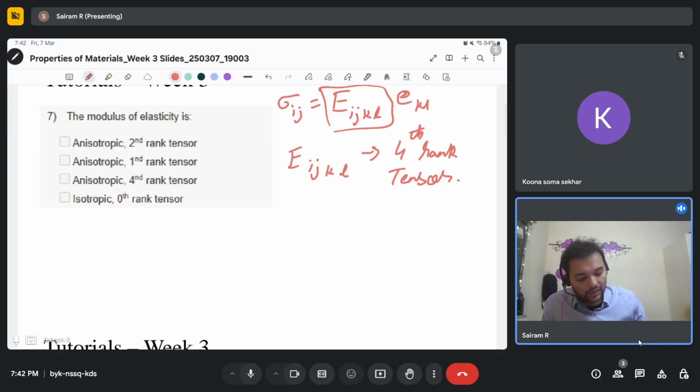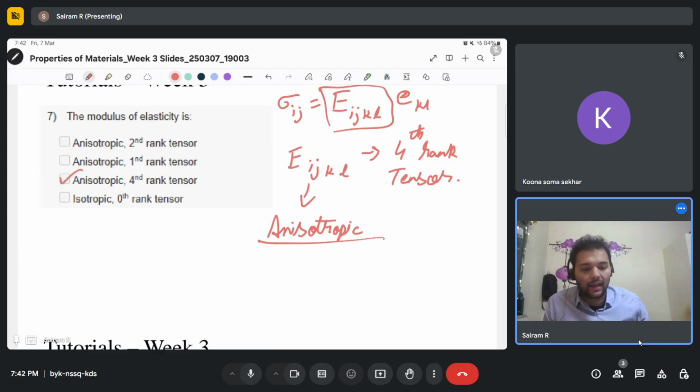And we also know that E ijkl, because it's direction dependent, is anisotropic in nature. So the answer for this question is that the modulus of elasticity is anisotropic and a fourth rank tensor as well.